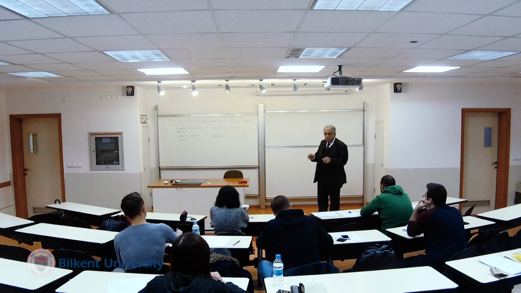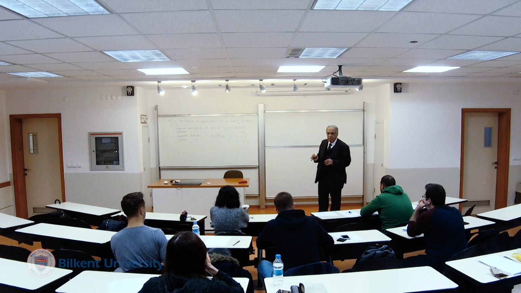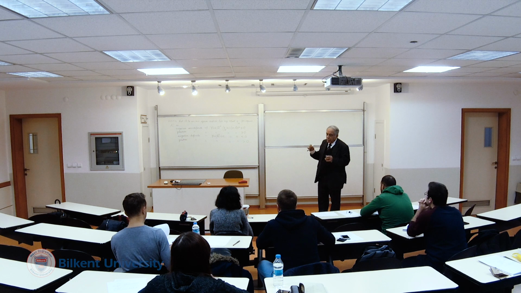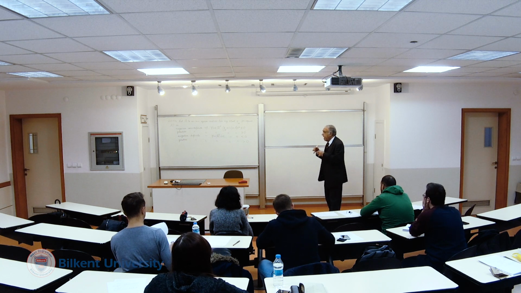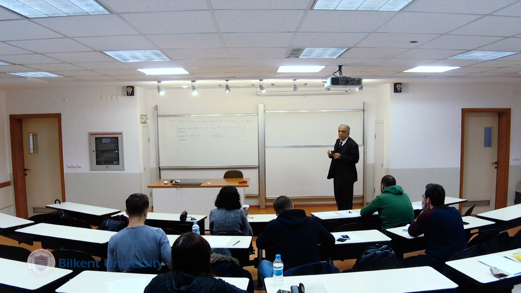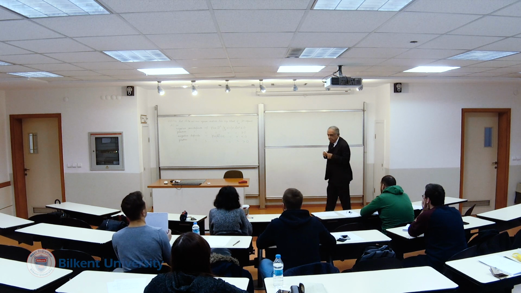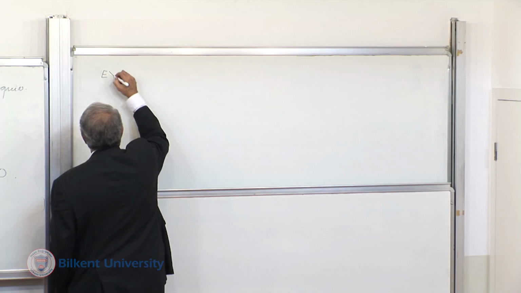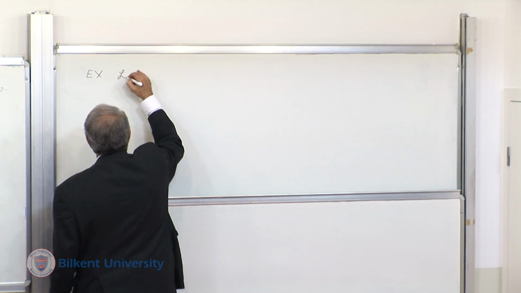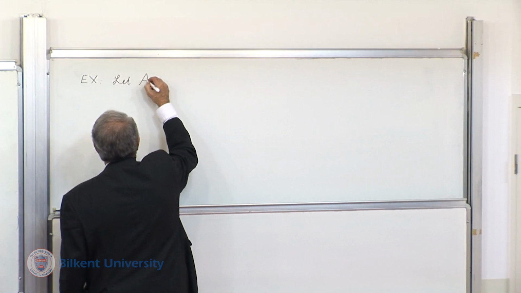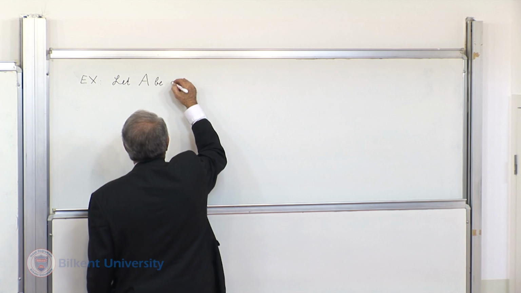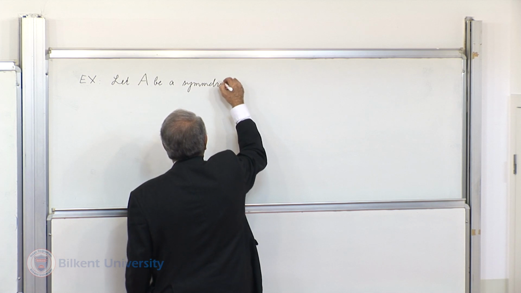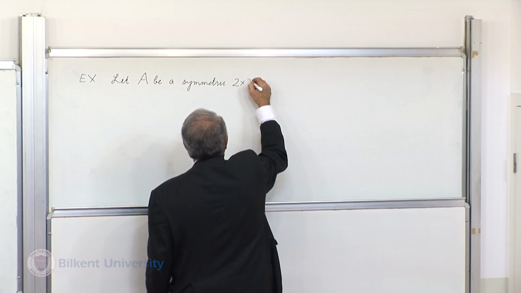The proofs are available in any standard textbook, but in order to motivate what lies behind those statements, let's consider a simple 2x2 example first. Let A be a symmetric two by two matrix.